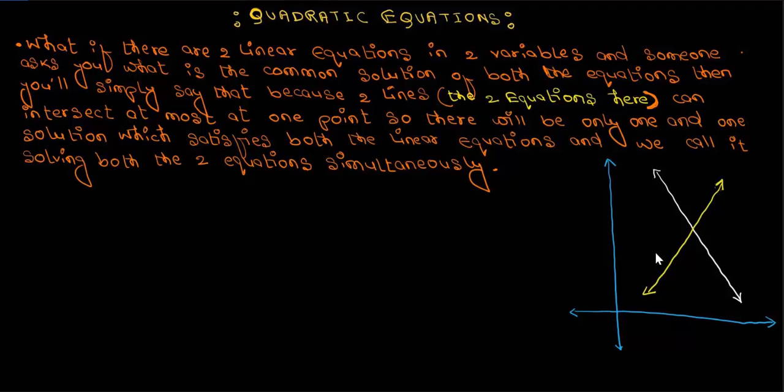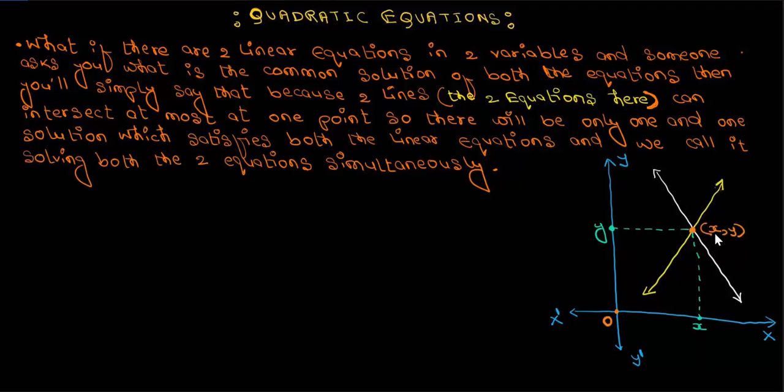and we call it solving both the two equations simultaneously. For example, in this case, we have two equations, that means two lines, and at most these two lines can intersect at only one point, and this one point is common to both the lines because this common point is lying on both the lines. So this is the common solution for both the lines.